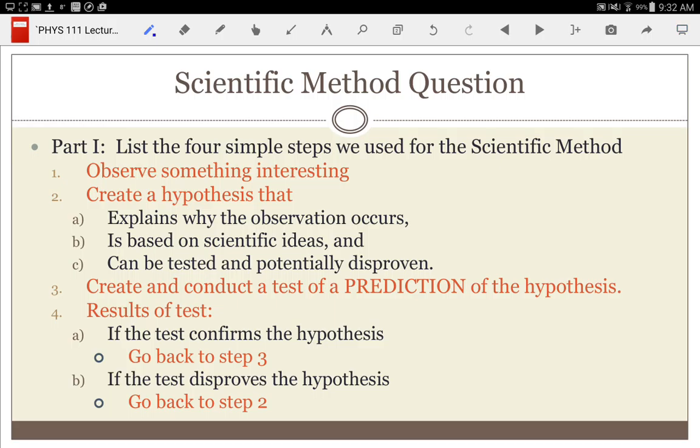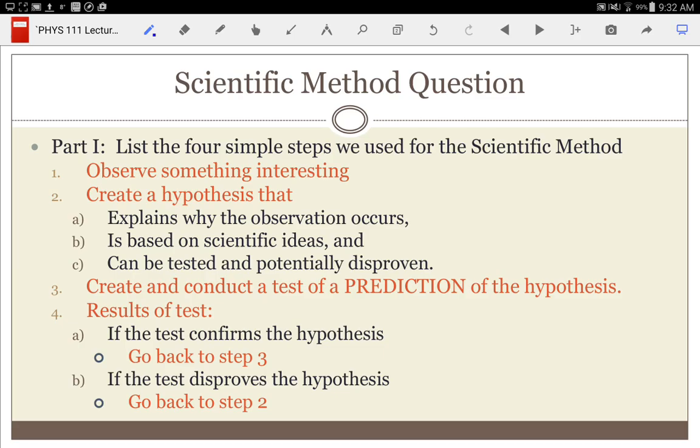Okay, so what you have to do on that question, just to make sure it's real clear to everyone, is you're going to have 1, 2, 3, 4, and you essentially have to write what's on this page with the 1, 2, 3, 4. So step 1, observe something interesting. Step 2, create a hypothesis that explains why the observation occurred, is based on scientific ideas, and makes predictions that can be tested.